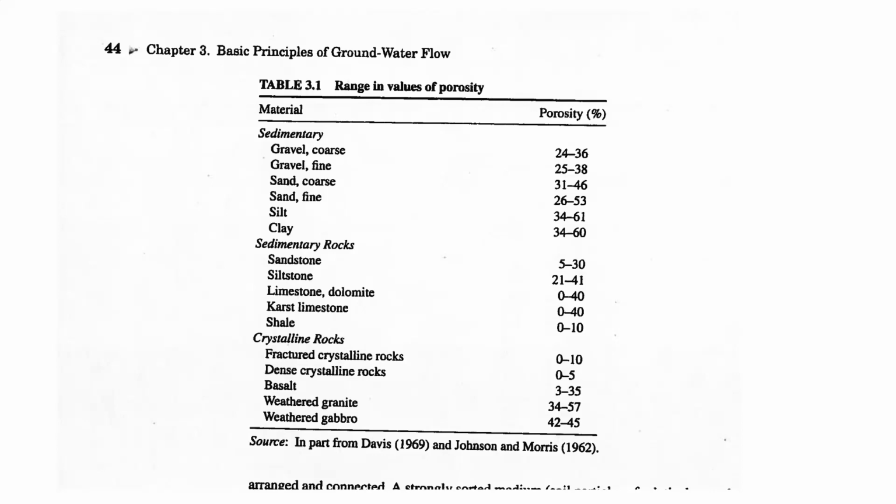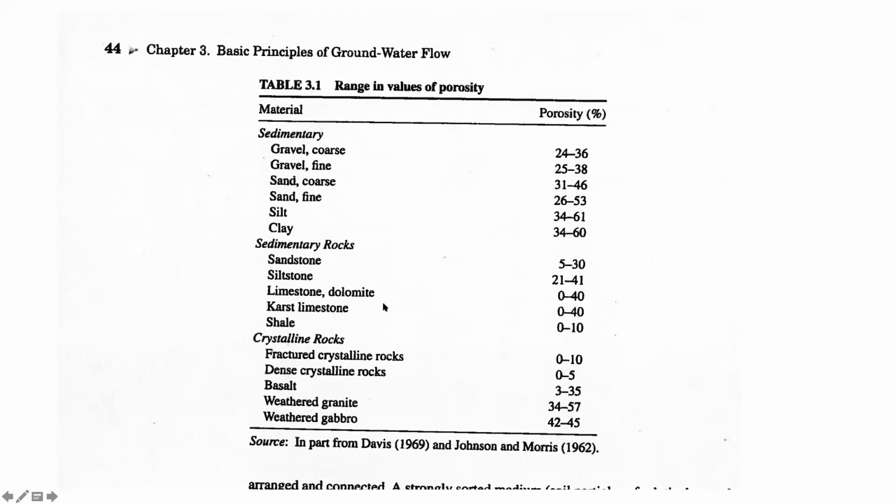Remember, that's percent. So the porosity would be 0.3. I will post this table on Moodle, but anywhere between 20 and 30% for unconsolidated sediments is a good number to have in your mind.